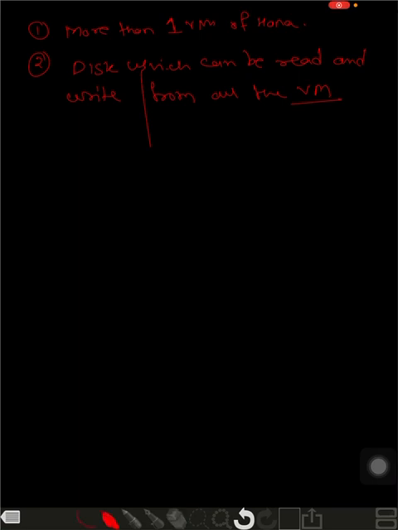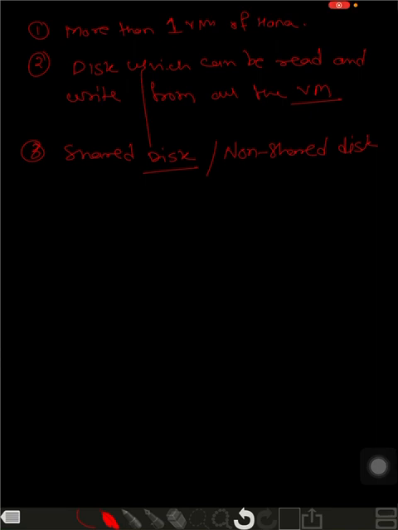Now let's understand the third requirement. This disk can be a shared disk, or it can be a non-shared disk. What is the difference between shared disk and non-shared disk? Let's assume you have VM1, VM2, VM3.